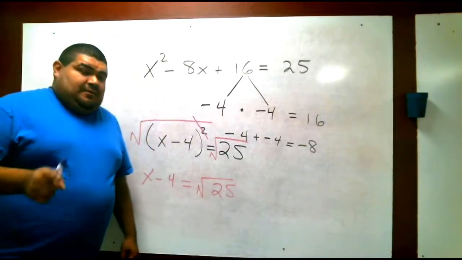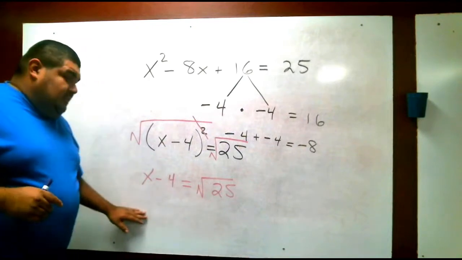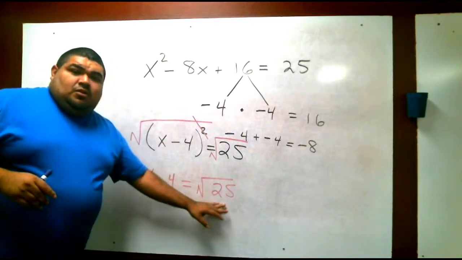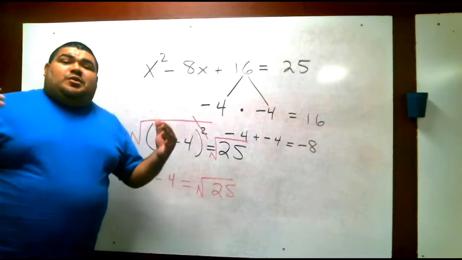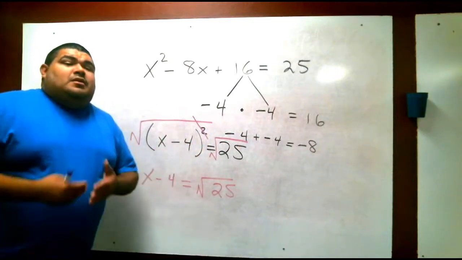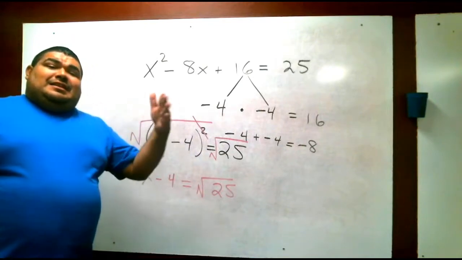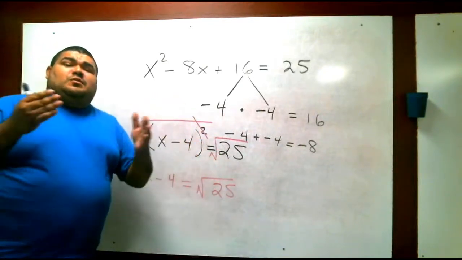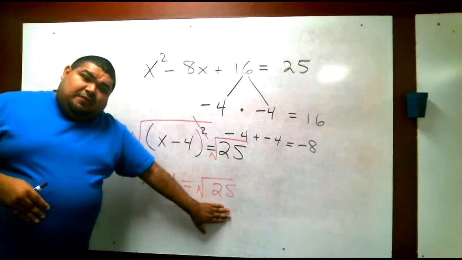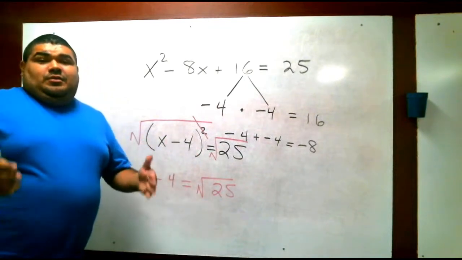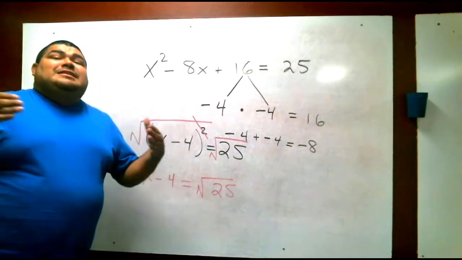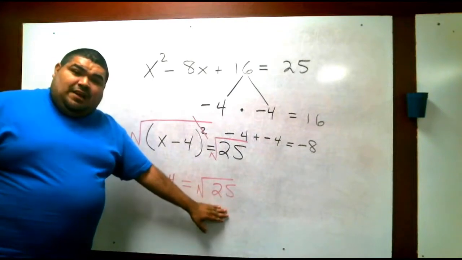Notice that when something like this happens, 25 has a perfect square root. 5 times 5 gives you 25, so this is a perfect square root. But also, negative 5 times negative 5 gives you 25.